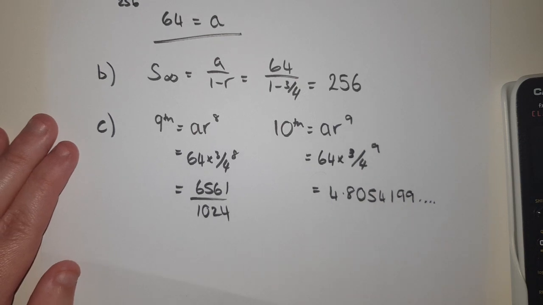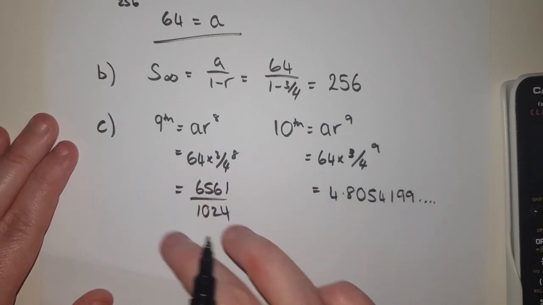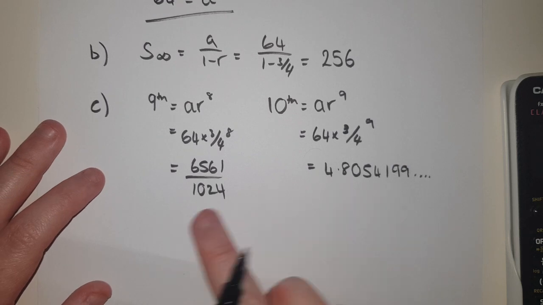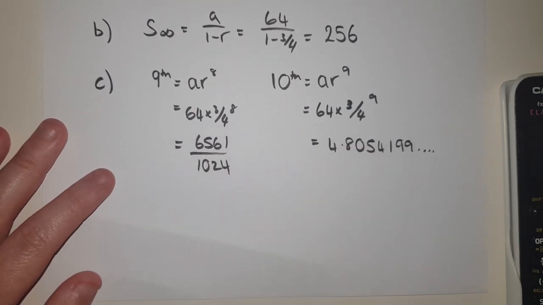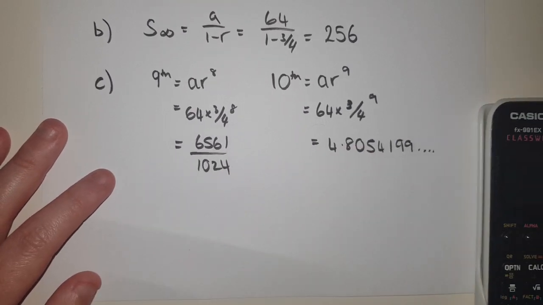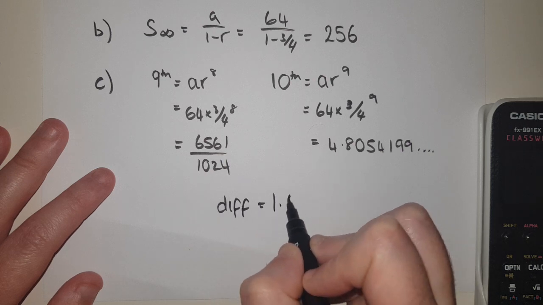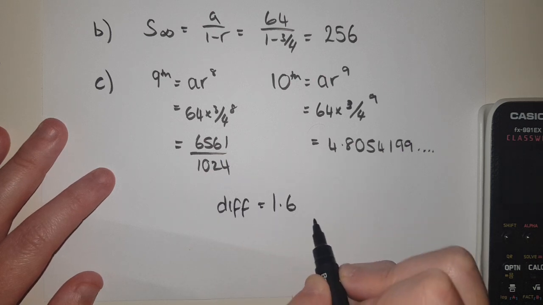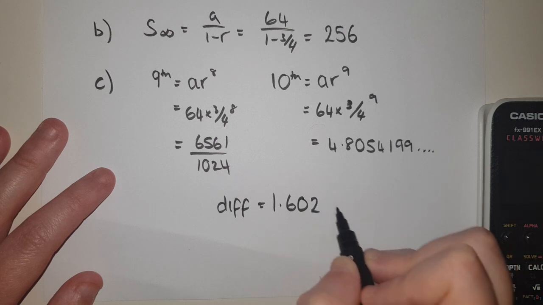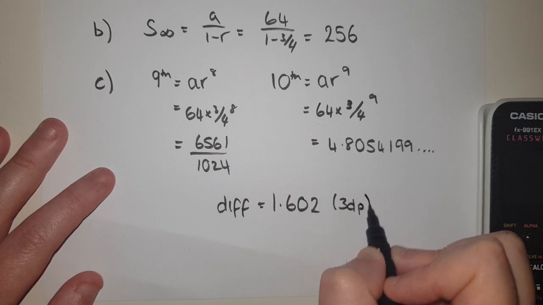This one works out at about 6 point something, so we're just going to do the difference between them. This one, take away this one, is 6561 over 1024 minus our last answer, which gives us a difference of 1.602 to 3 decimal places.